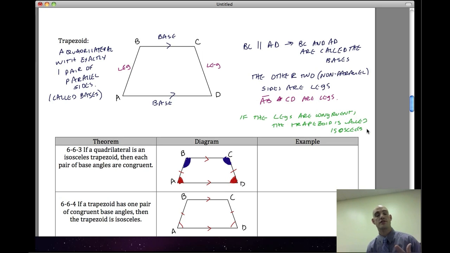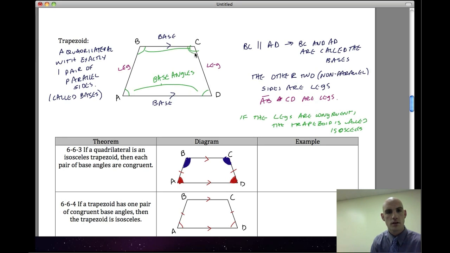Okay, so if the legs are congruent, the trapezoid is called isosceles. Okay, also, these are called base angles because they're the angles that are connected to the base. And these are called base angles.